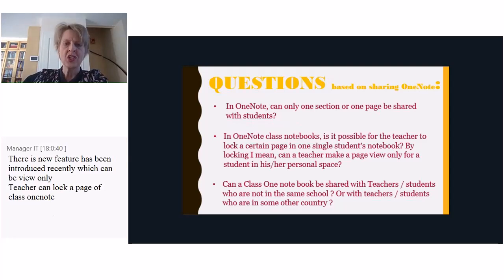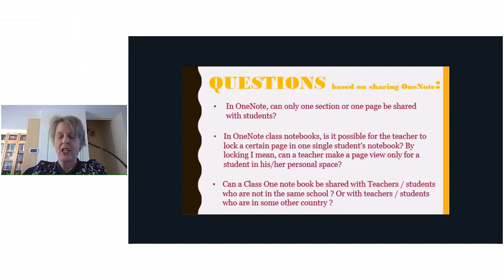Then the second question, is it possible for the teacher to lock a certain page in a single student's notebook? Yes, that will be possible, not right now, but it's a feature that was announced just 2 weeks ago during the BETT conference in London. It's being built right now, and will become available in preview in the coming weeks, and then will be rolled out globally over the coming months.